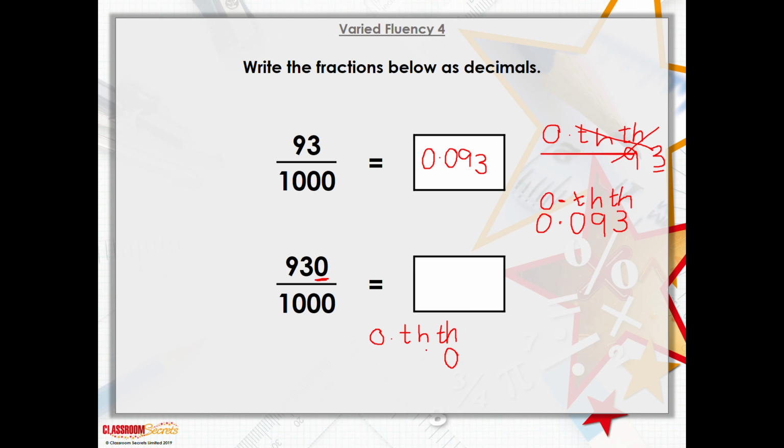That means that the 3 would go in the hundredths column and the 9 in the tenths column. We have our decimal point, and then we have our placeholder in the ones column. So 930 thousandths as a decimal is 0.930.